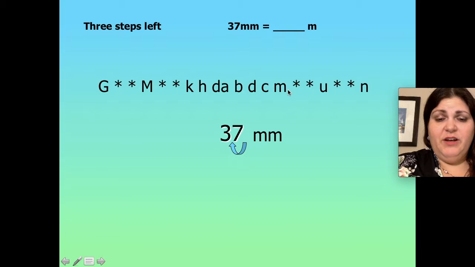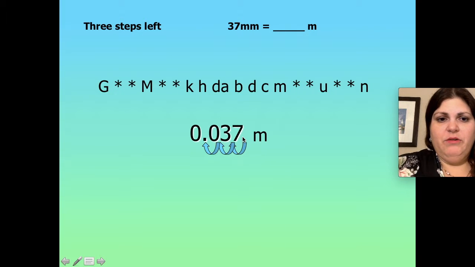So my decimal point started off right here, and I want to go to meter, so I want to go to base here. So I'm going to jump 1, 2, 3 times. Now my decimal point goes there, and I fill in the space with a 0. Then I make it meters.